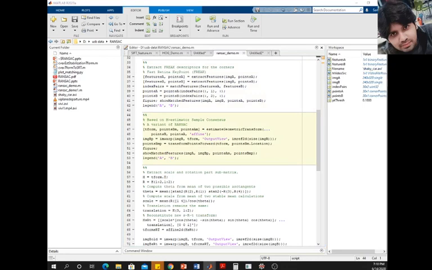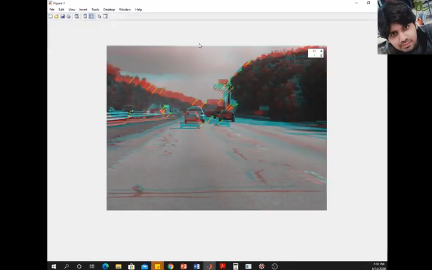So if you will see, we have got this result. The circle feature key points are from frame A, and the key points which are represented by the plus sign are from frame B, and you can see how they are actually matching from one frame to another frame.